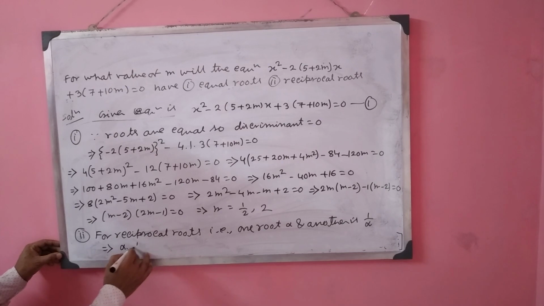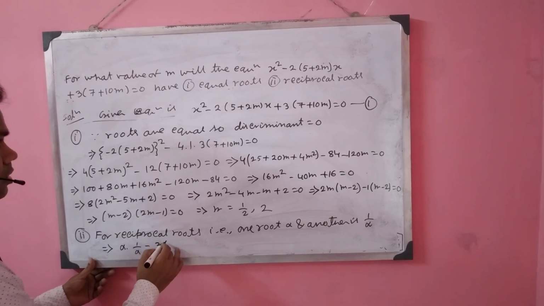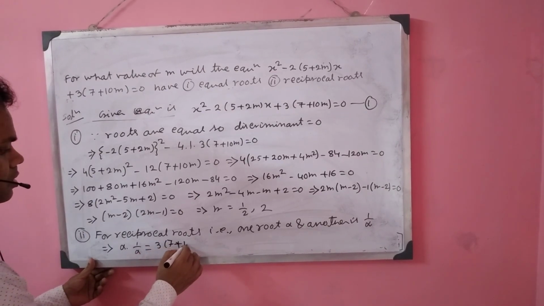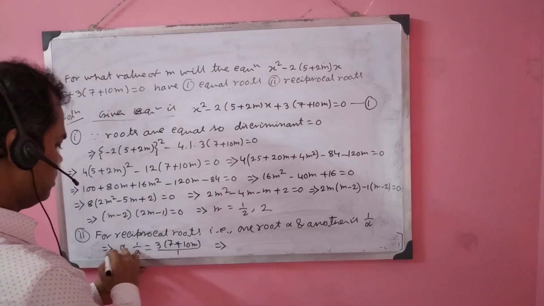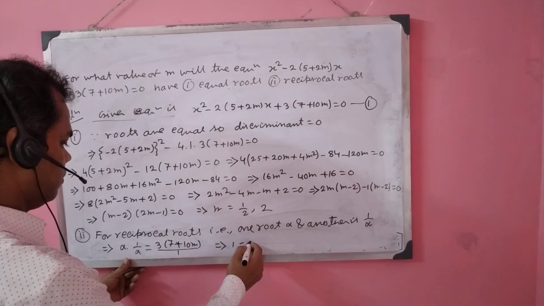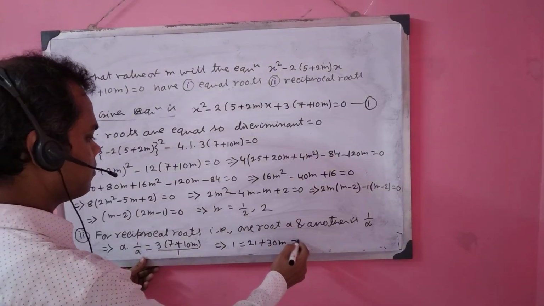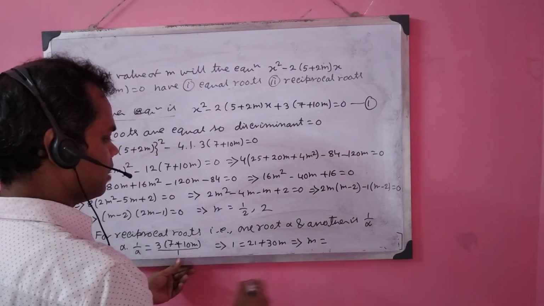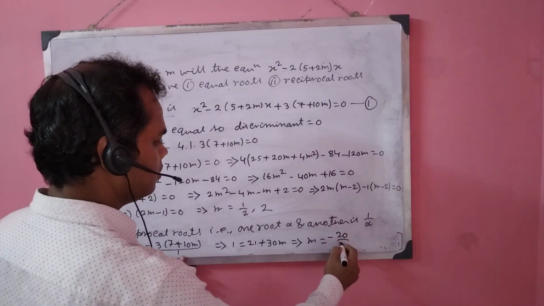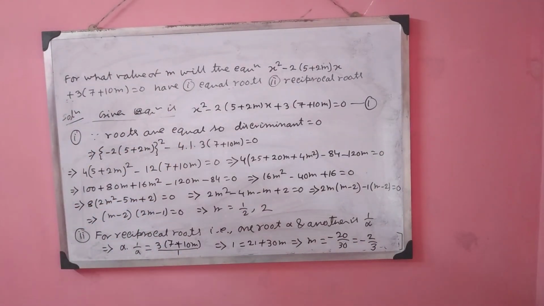Therefore alpha into 1 by alpha equals c by a, which is 3(7 + 10m) by 1, so 1 equals 21 plus 30m. That implies m equals minus 20 by 30, equal to minus 2 by 3.